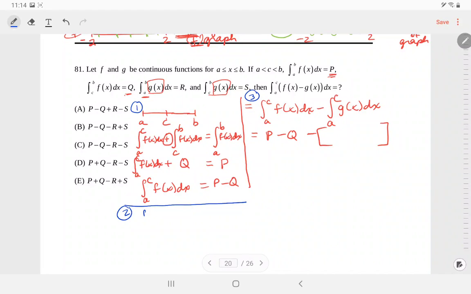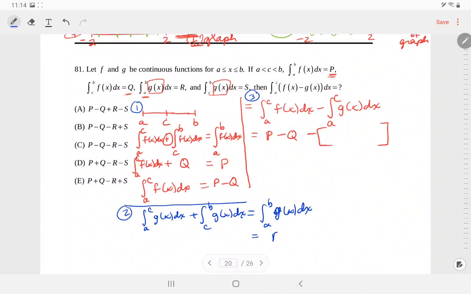So 2 is the integral from a to c of g of x dx plus the integral from c to b of g of x equals the integral from a to b of g of x dx. And I'm only writing this because this year we don't have multiple choice, so I want to make sure that you show your work properly.